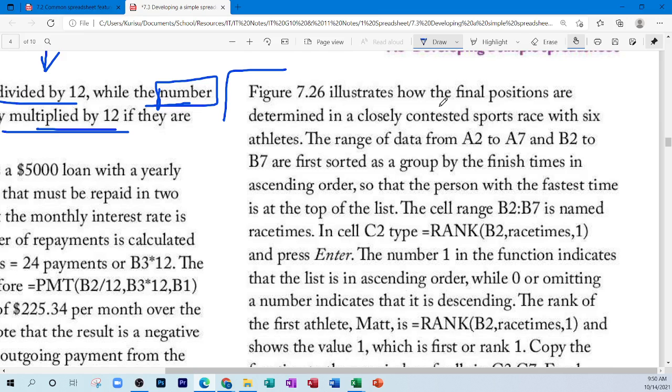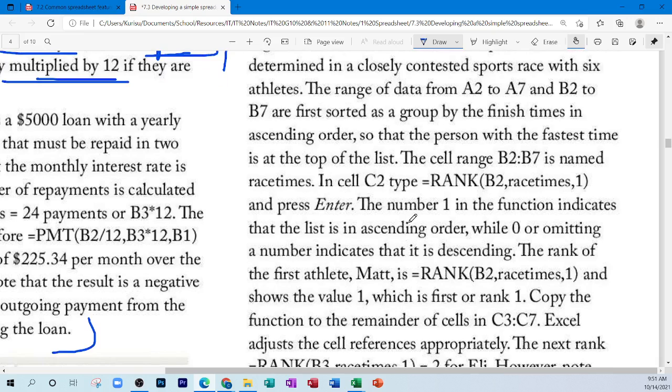The cell range B4 to B7 is named race times. In cells C2 type equal to rank, in brackets B2 race times 1, and press enter.